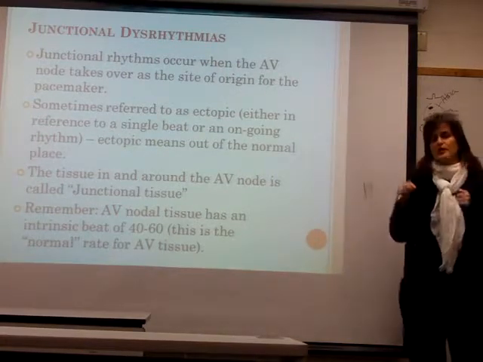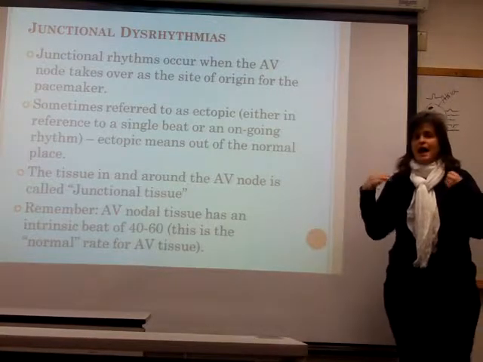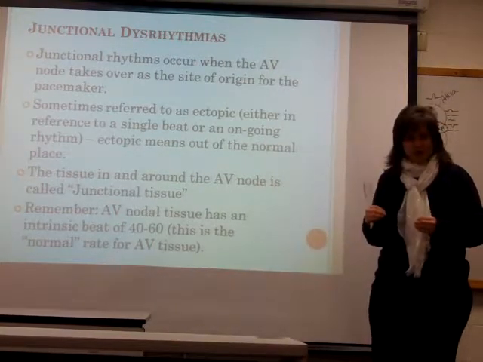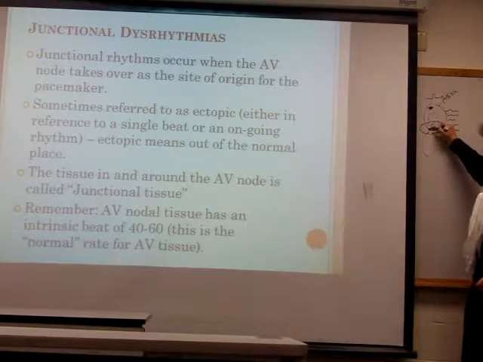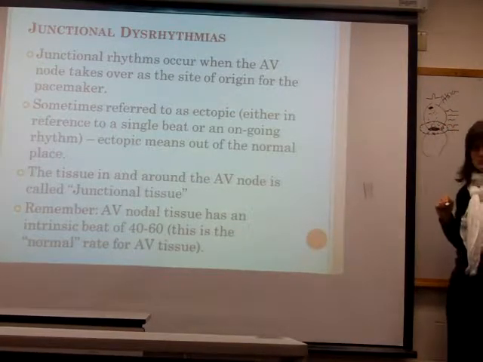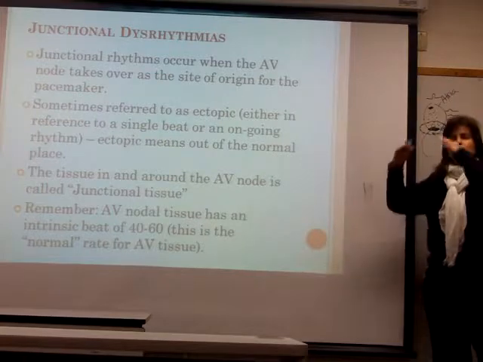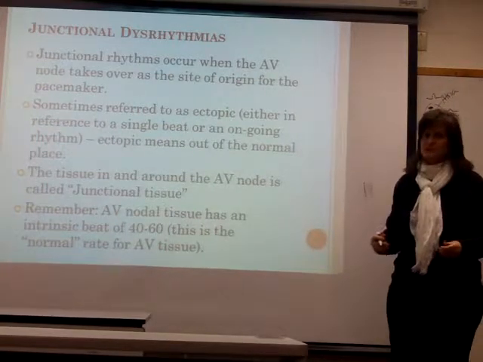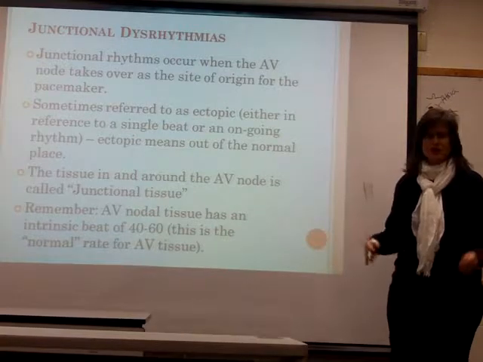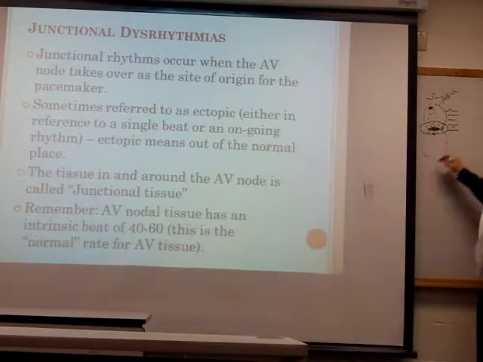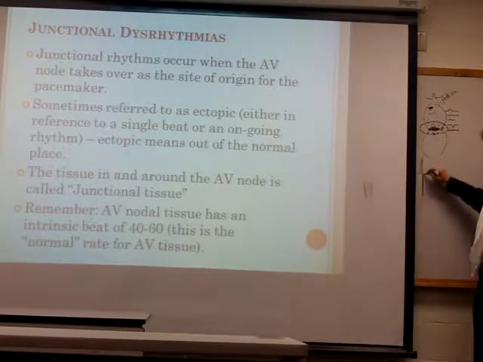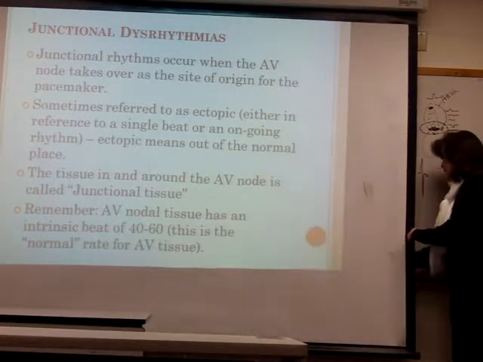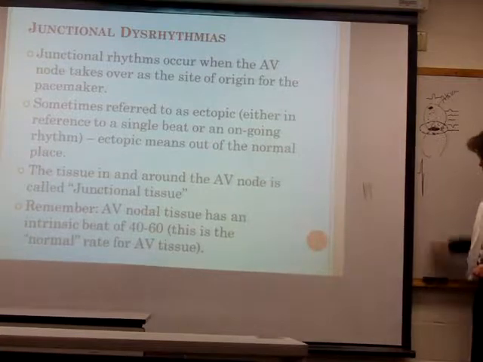Now the very weird thing that can occur, I personally have never seen it on an EKG, but it does occur, is if the very bottom of the junctional tissue becomes the pacemaker. That's right before the pacemaker falls into the ventricle. The pacemaker being the ventricle is bad, and we'll talk about that later. If that occurs, then what you might see is a QRS with a blip that follows it.